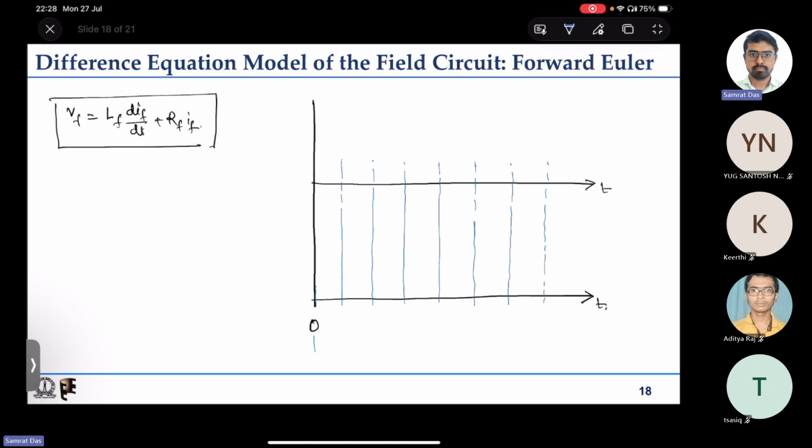So this is the first instance, second, third. The solution is given only at these instances, and this is nothing but the step size of your simulation. This will be some time. So if you give a fixed time step, then this is the step size.